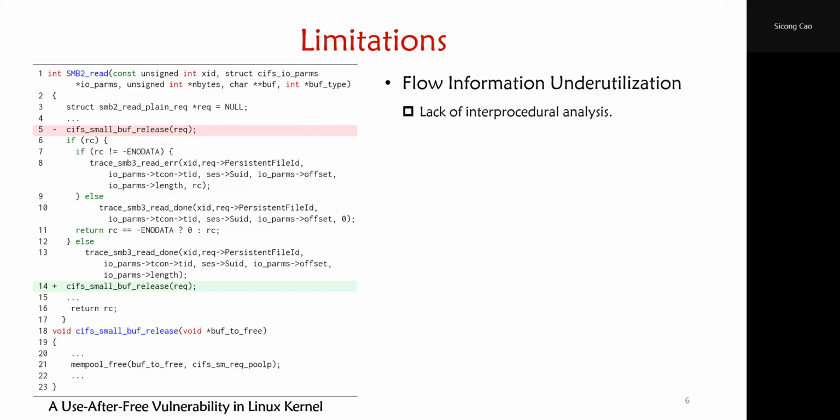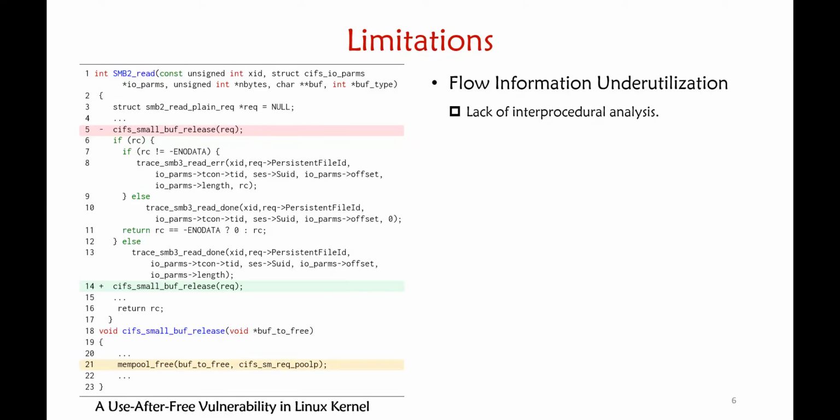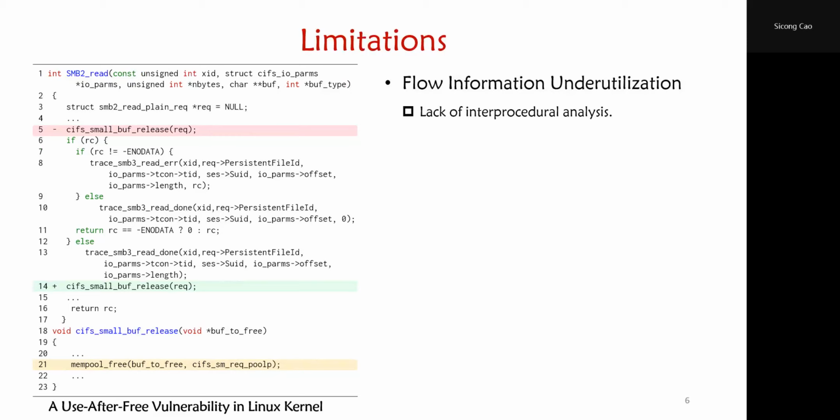However, in real-world programs, operations like calling a user-defined function which realizes memory allocation or free are widespread. For example, this is a typical use-after-free vulnerability because the memory space pointed to by the pointer is released in advance by the memory release statement at line 5. However, it will be used at line 8 to line 13. The semantics may be hard to learn by deep learning models if they are not aware of interprocedural information.